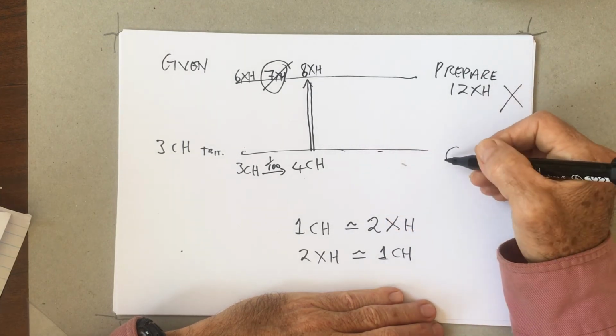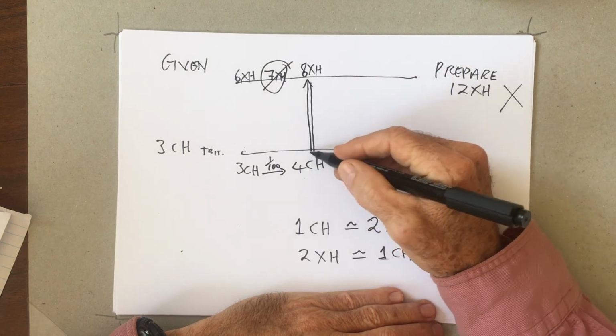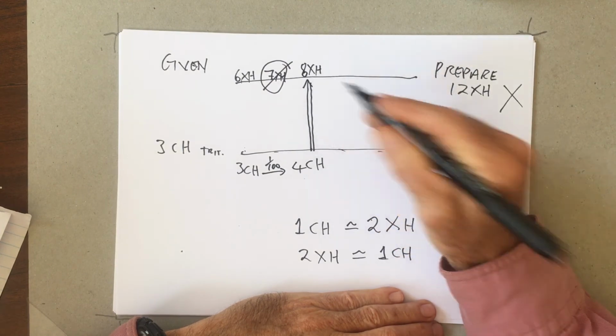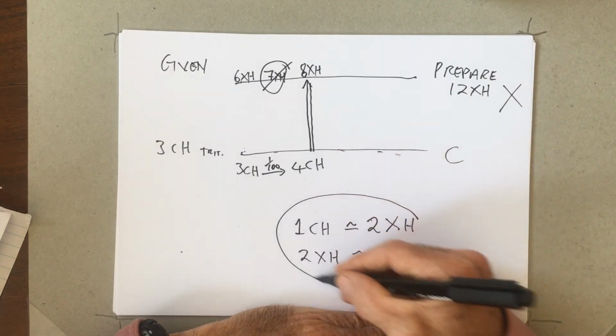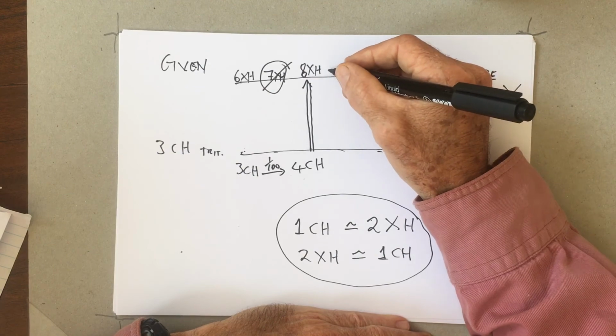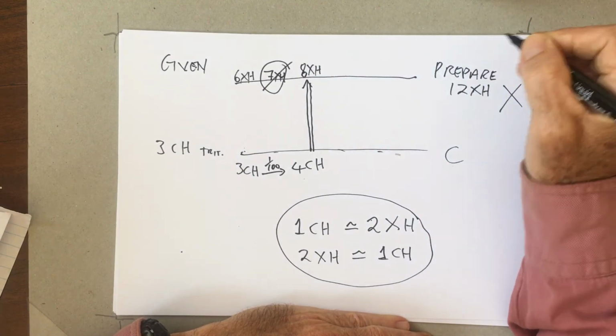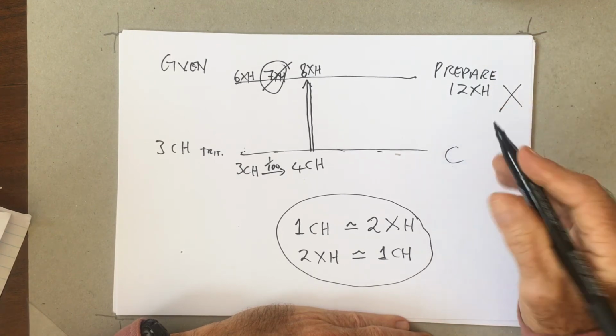Having successfully bridged from the C to the X scale, having crossed the road or used a kind of on-ramp or a link road, on the basis of this formula, we now can proceed happily along the X road towards our final destination, which is the 12XH.